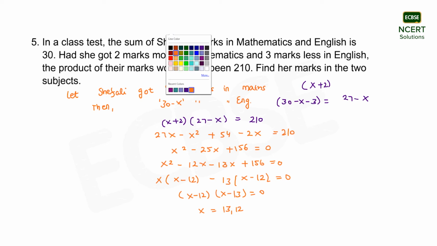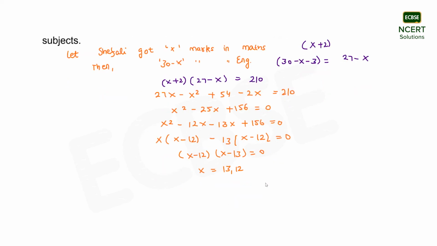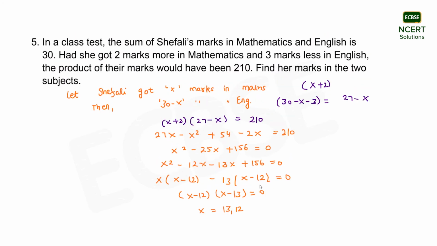This means there are 2 possibilities for the marks she got in maths. She might have got 13 marks in maths, or she might have got 12 marks in maths.